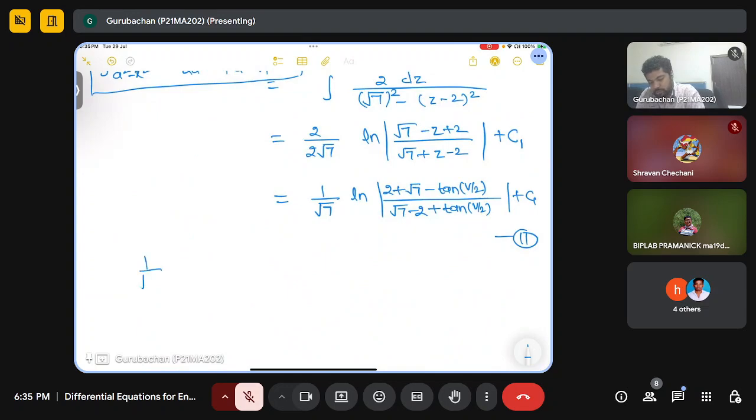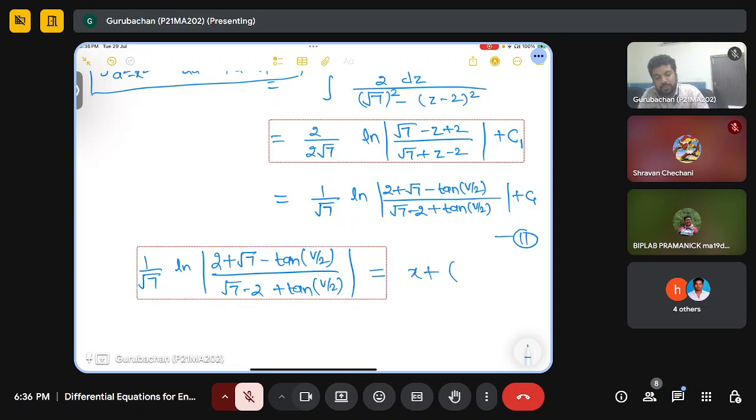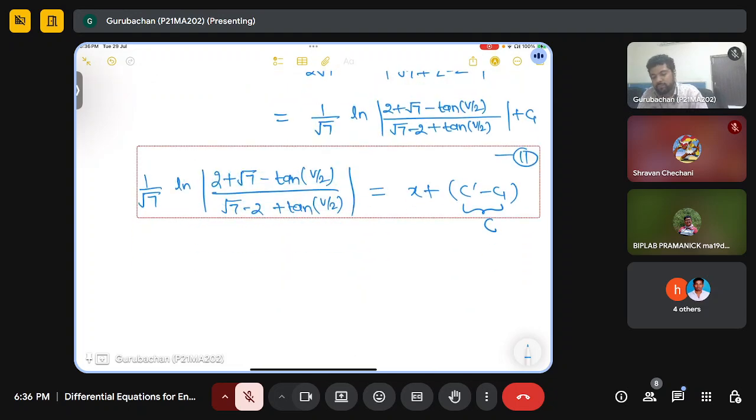Now this will give you under root 7 ln |(2 plus under root 7 minus 10v by 2) divided by (under root 7 minus 2 plus 10v by 2)| is equal to some x plus c dash minus c1, which you can again write as some constant c. It is an arbitrary constant, so you can replace it like this.